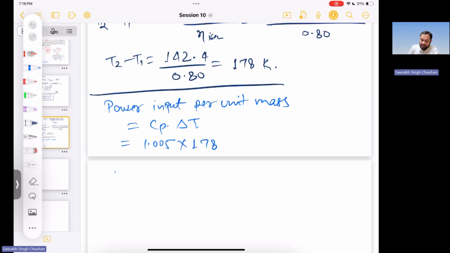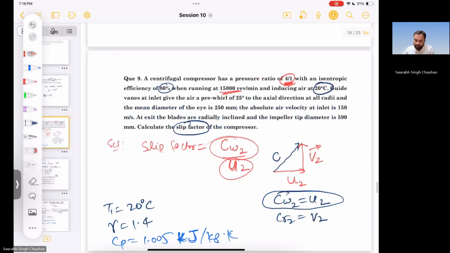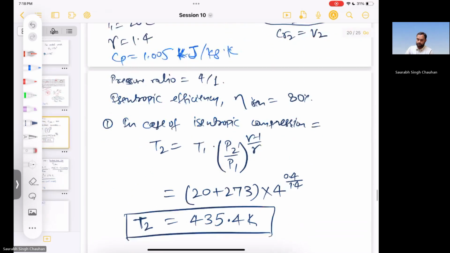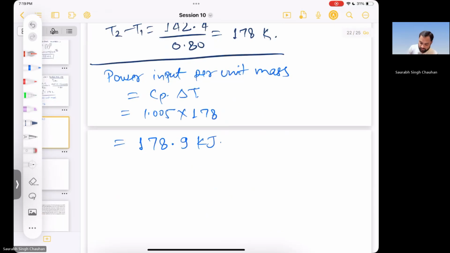If you calculate this value, it will come out to be 178.9 kilojoule per kg. Okay, correct. We have got the power.